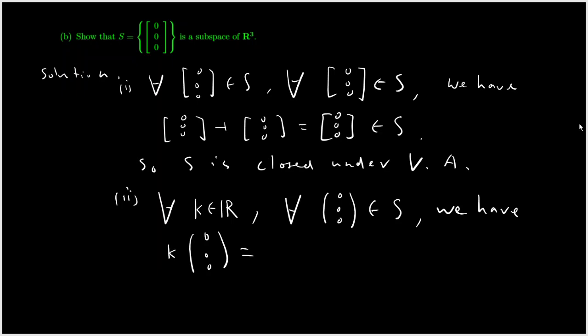Scalar multiplication: you multiply all the components by the scalar k. Of course, you have 0, 0, 0. That's of course a vector in S, because S has only the zero vector, right? After this, you'll say S is closed under scalar multiplication.